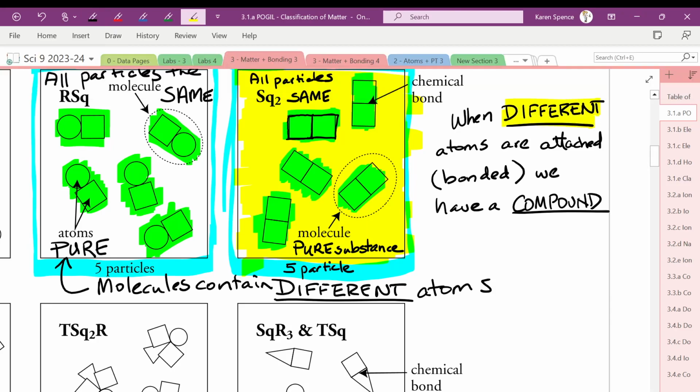They must be attached to each other or bonded to each other, and that is called a compound. So is a compound a pure substance? Yes, because all the particles are the same, okay? But within that particle, you have different atoms, okay? So a compound is a pure substance.